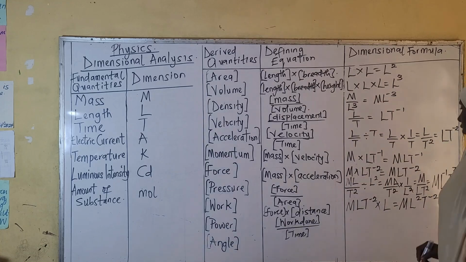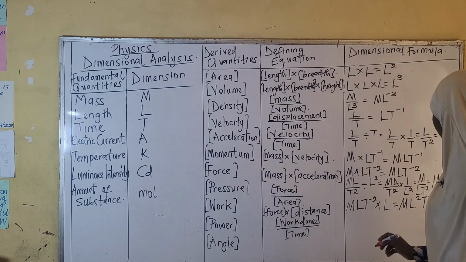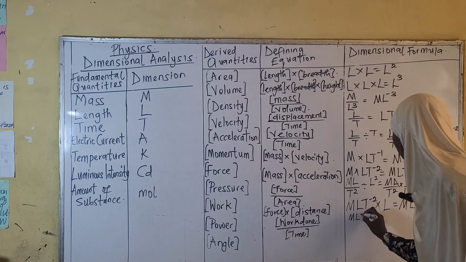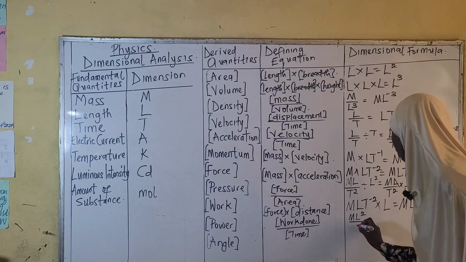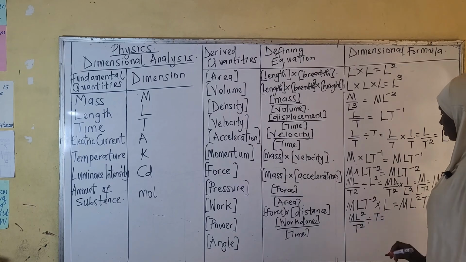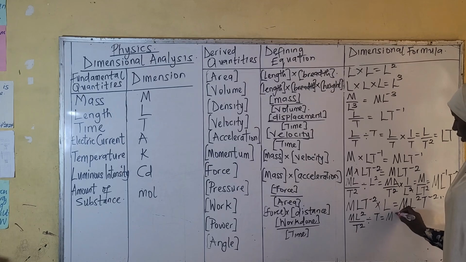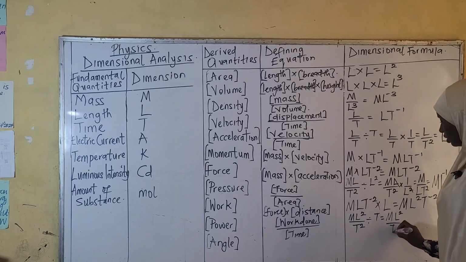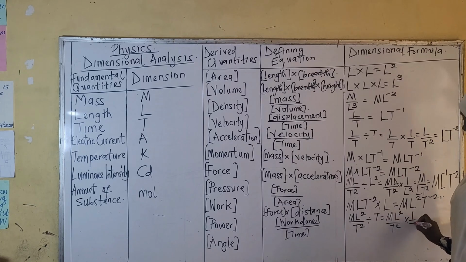So from here, I know that the dimension of work done is ML squared over T squared, divided by T. So that will give me ML squared over T squared times 1 over T, which is ML squared over T cubed. So I can rewrite that as ML squared T minus 3.